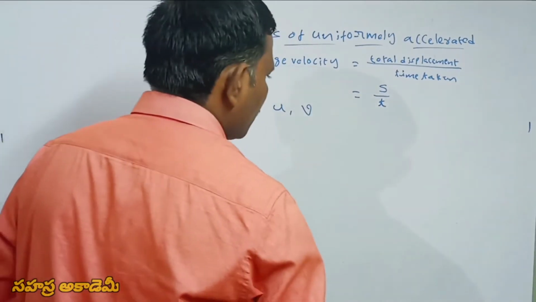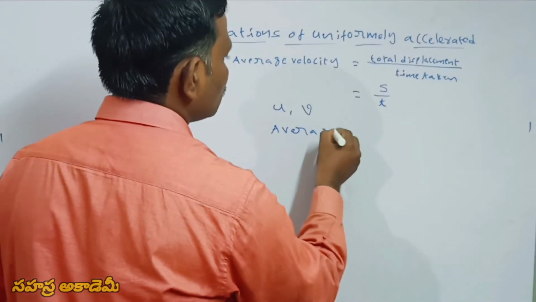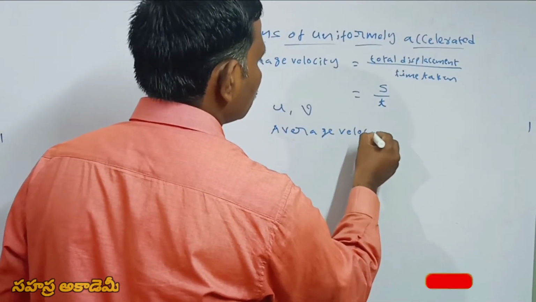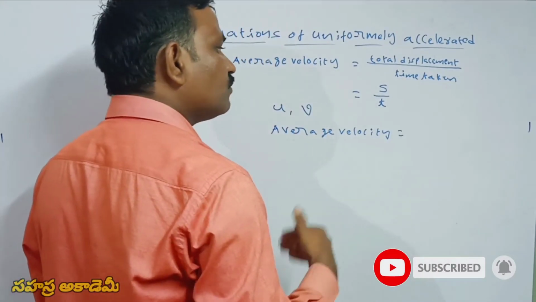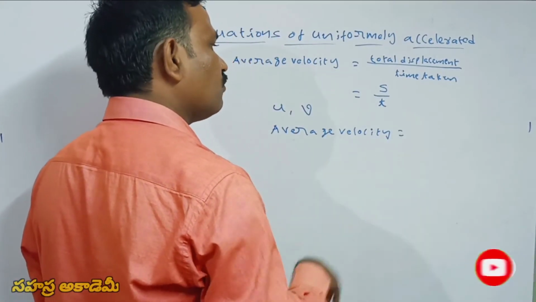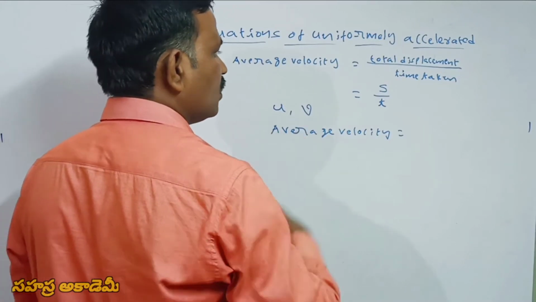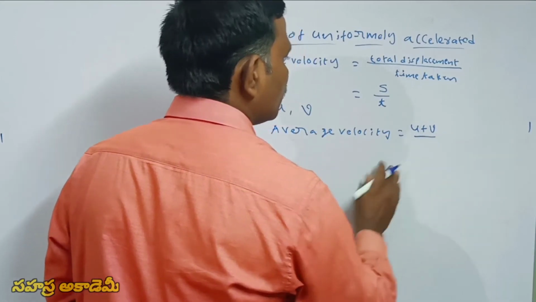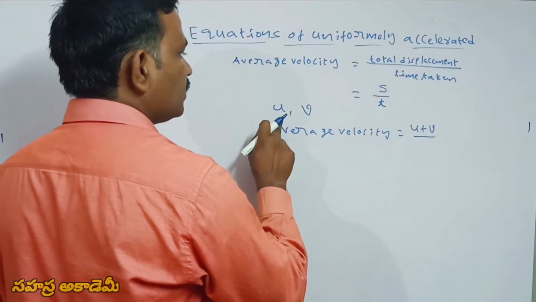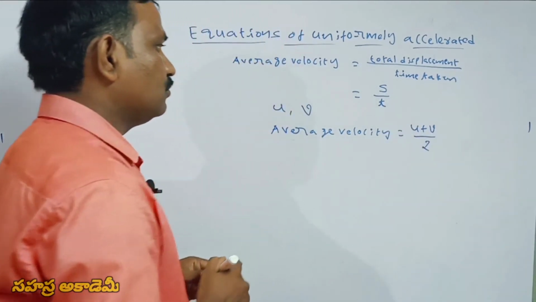From mathematics, what is the average velocity? We have the formula: sum of the observations by number of observations. Here we have two observations, u and v. The sum of observations is u plus v, and the number of observations is 2, so I write by 2.